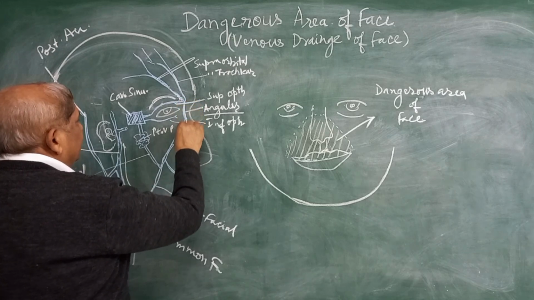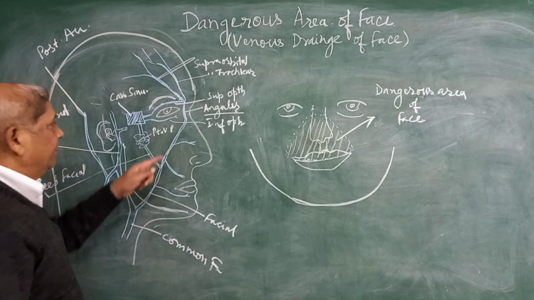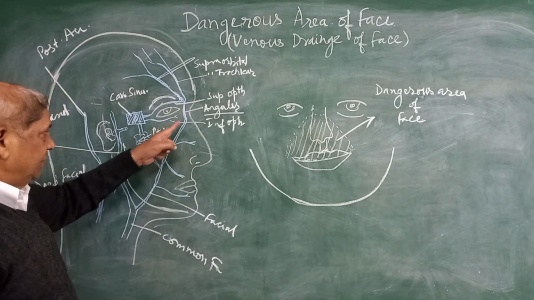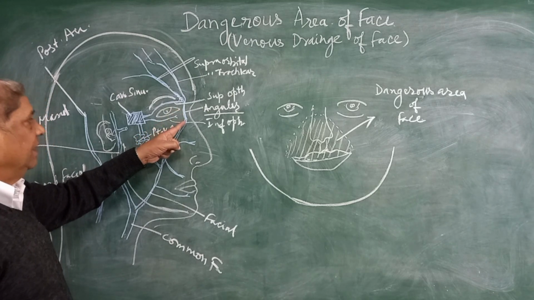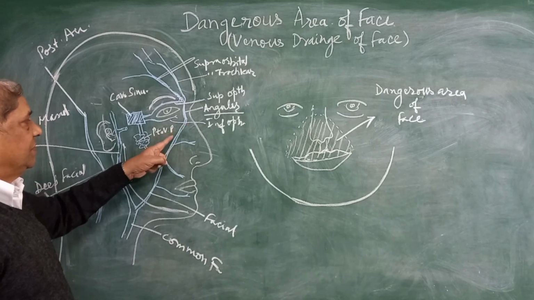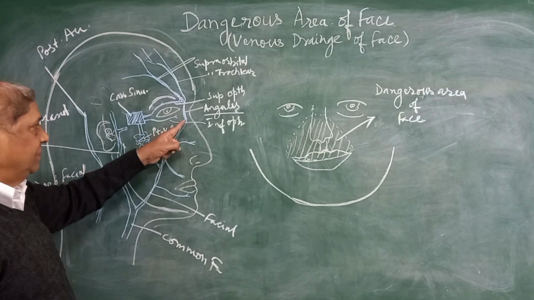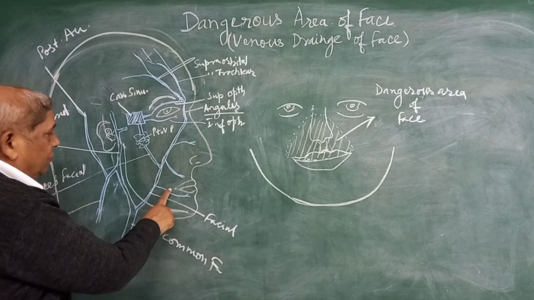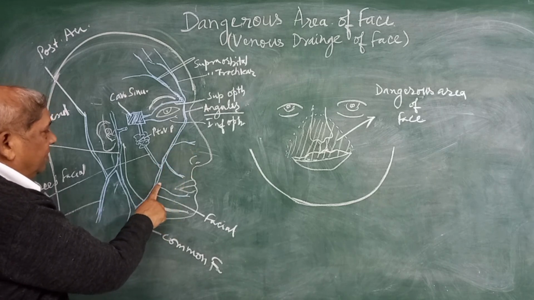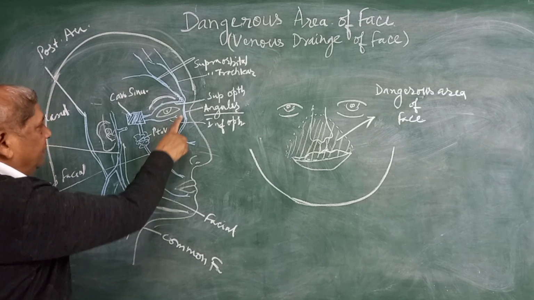Now this will run along with the facial artery at a distance. The facial artery is tortuous, and the angular vein, which will lie just lateral to the facial artery, is straight. The facial artery is wavy and goes very close to the angle of the mouth, and there is a distance between the vein and the artery.